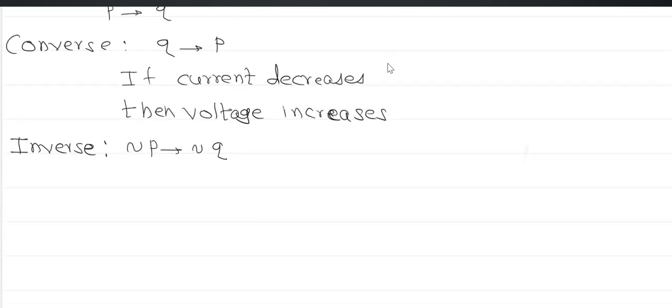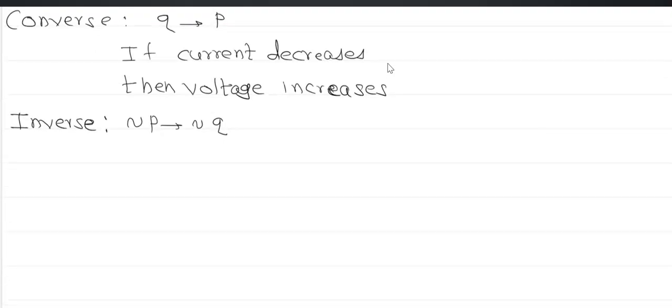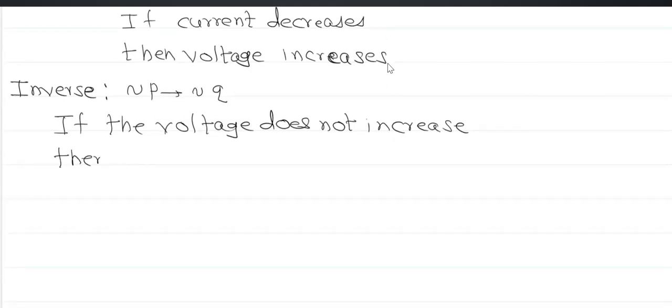Inverse: negation of P implies negation of Q. If the voltage does not increase, then current does not decrease.